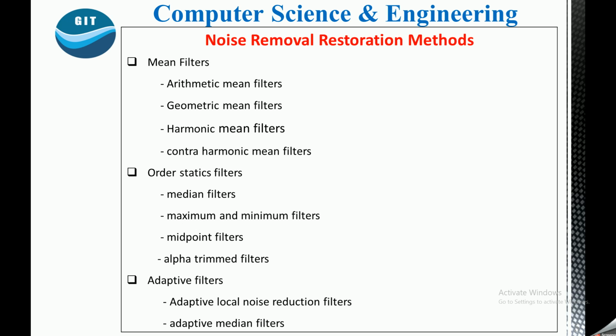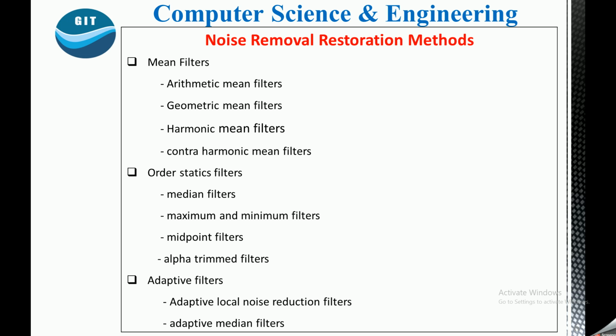The next is the noise removal distortion method, that is, how to remove the noise in the distortion model. Noise removal is achieved by filters. Those filters can be classified on the following basis. There are basically three types of filters: mean filters, order statistic filters, and adaptive filters.